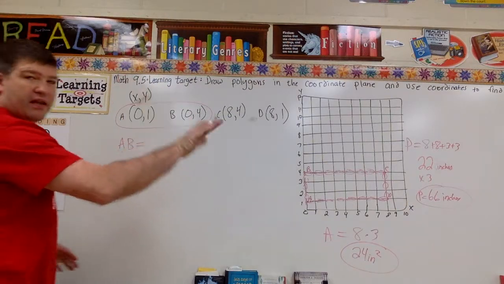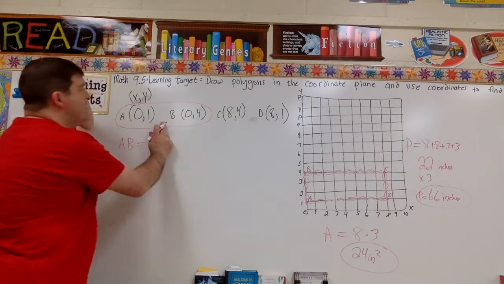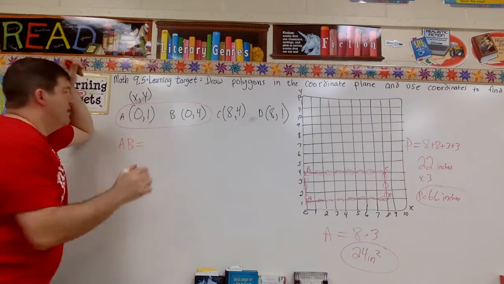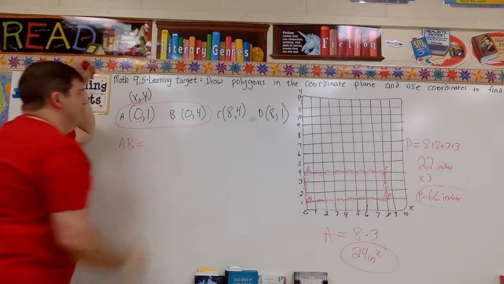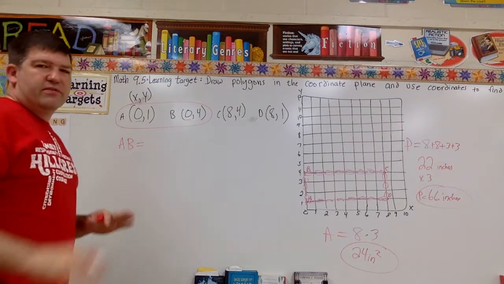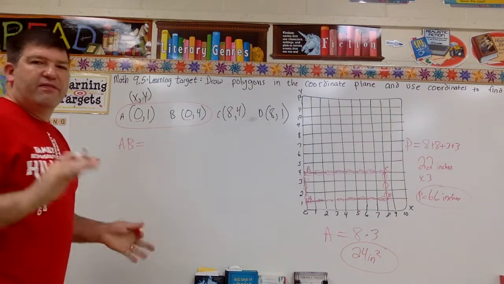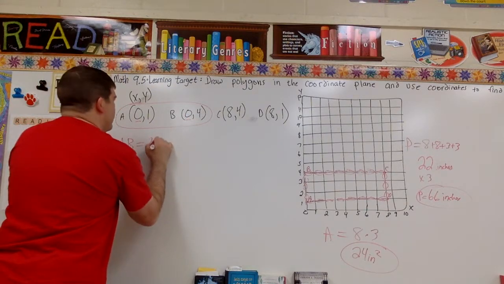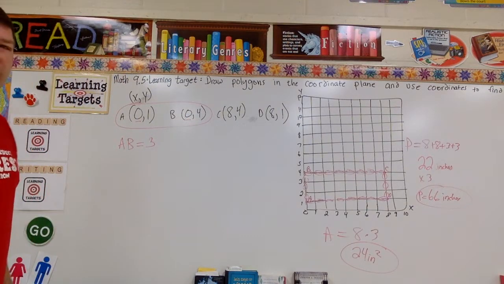But without putting it on the graph, I could look at this, and whichever is the same, I don't worry about it. This X and the X is both 0. So that's the same. Now I just want to find the difference of the Y. What's the difference of 1 and 4? 3. Okay?